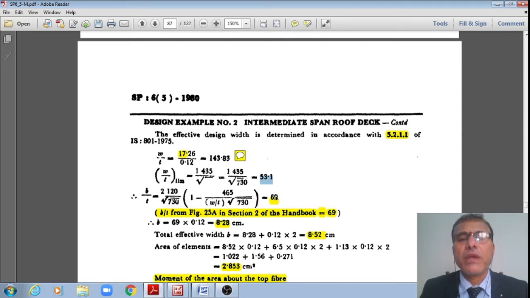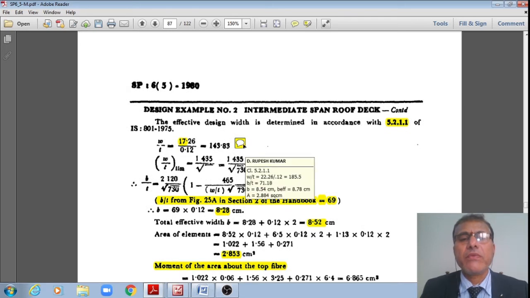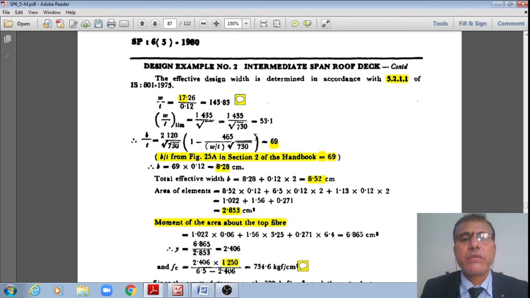Now this works out to a value of b by t of 71.18, not 69, but 71.18. There is a calculation mistake here. However, alternatively, what you can do is use the design charts of SP 65, 1980. In the previous class, we have seen these design charts and design tables.